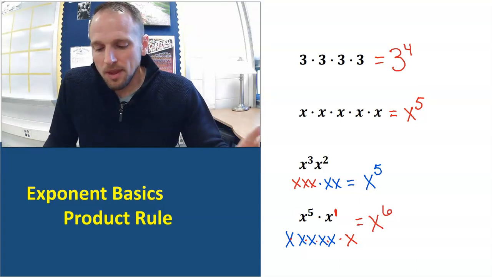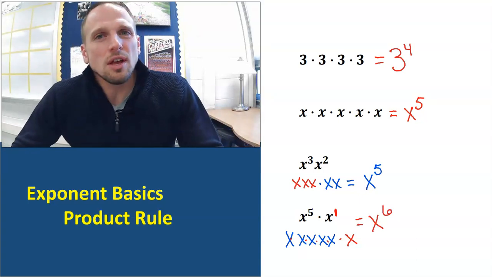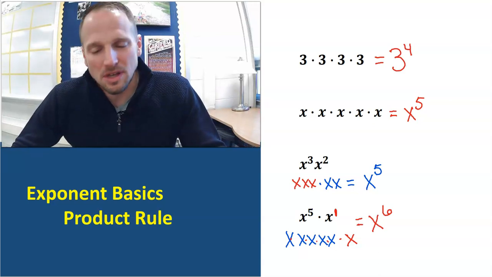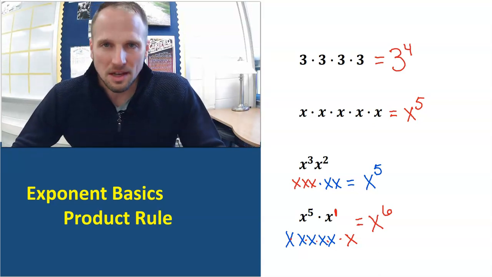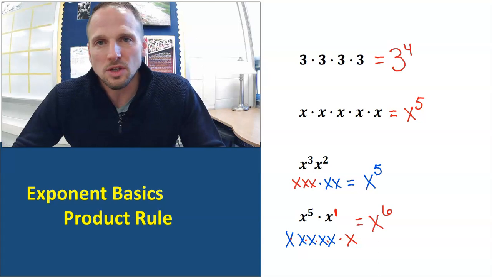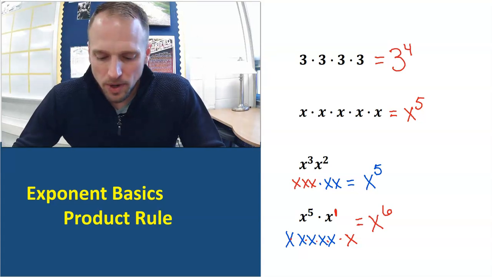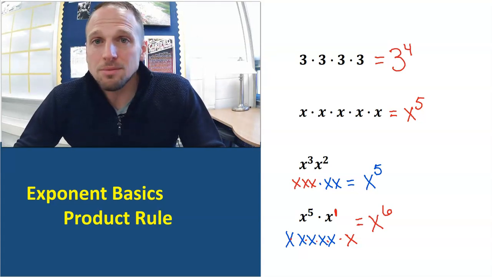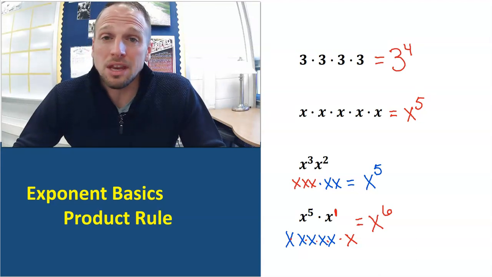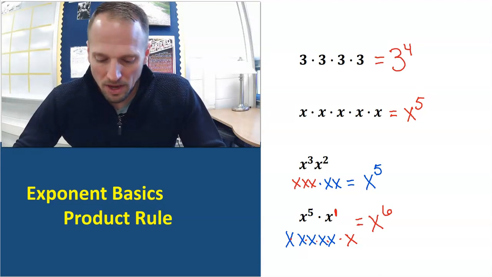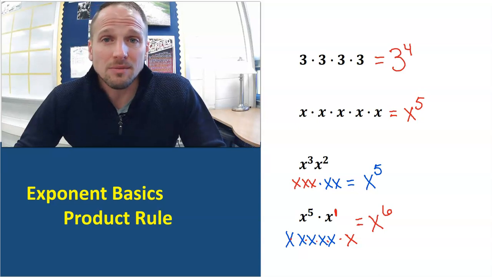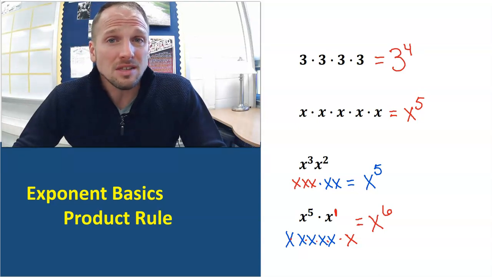All right, so I want to look at these easy problems that we did, the last two, and let's make up a rule for what we do with those exponents when we multiply. So when we had X to the 3rd times X to the 2nd, we ended up getting X to the 5th. When we had X to the 5th times X to the 1st, we ended up getting X to the 6th.